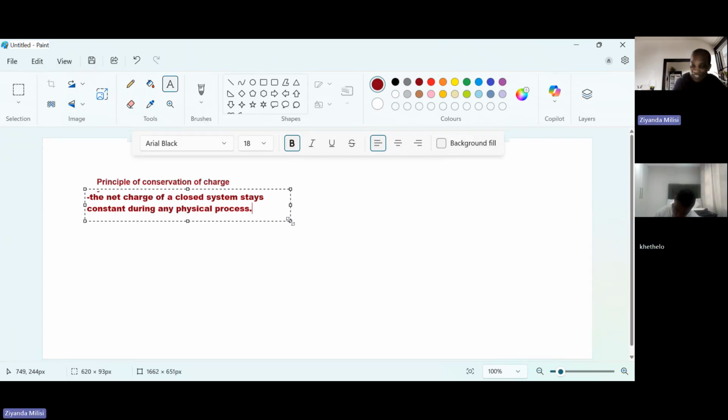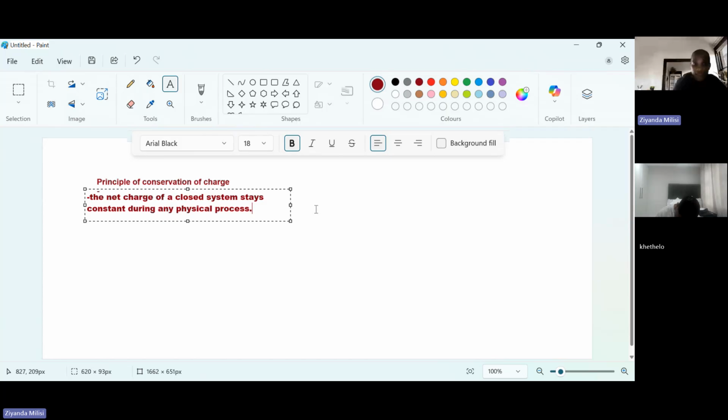So during any physical process, when the charges touch each other, charge can be transferred. We can calculate how much charge is transferred.